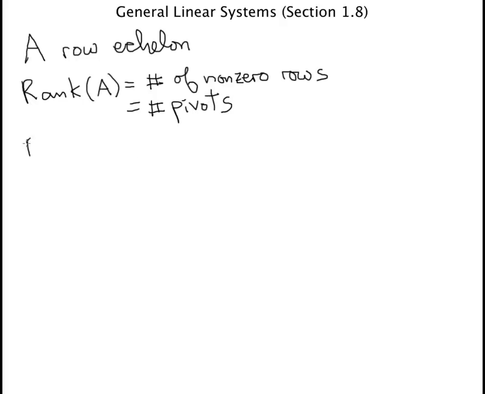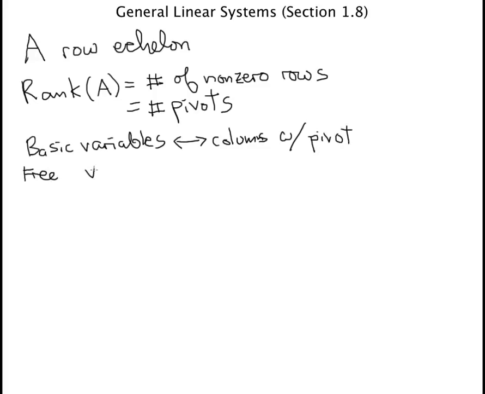And the basic variables are those that correspond to the columns with a pivot. And the free variables, those are the ones which correspond to the columns with no pivot.